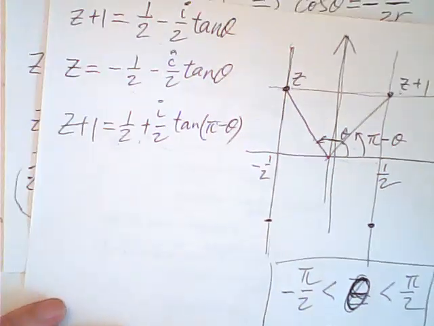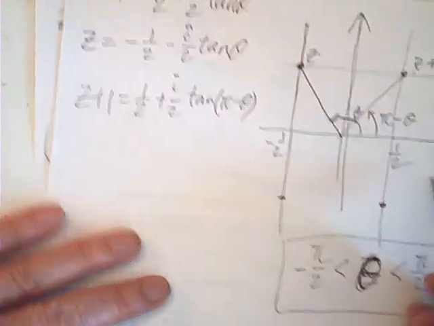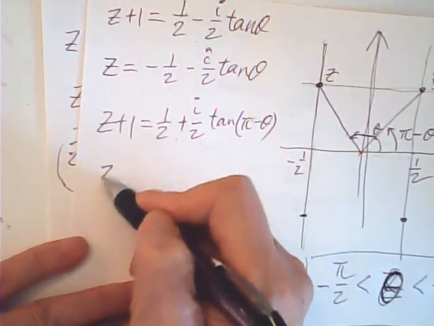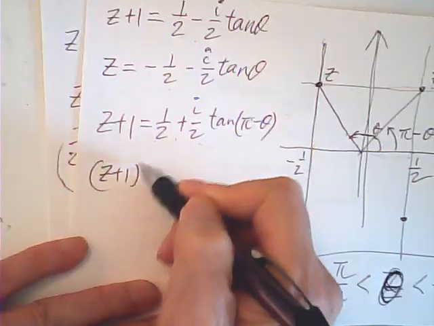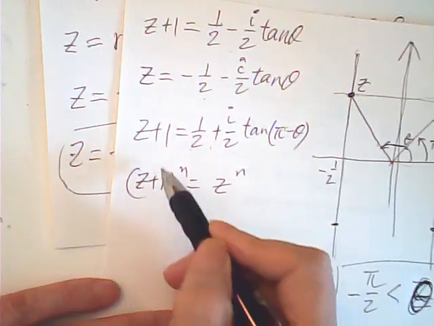Okay. Now, something important here. We are given that this is equal to this. What does this mean?